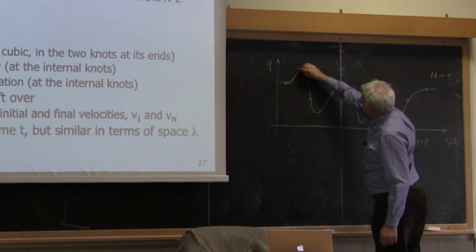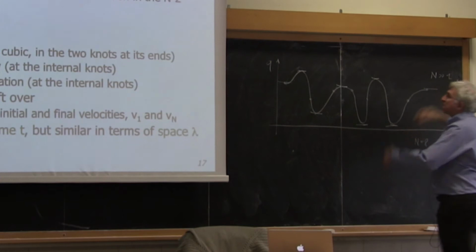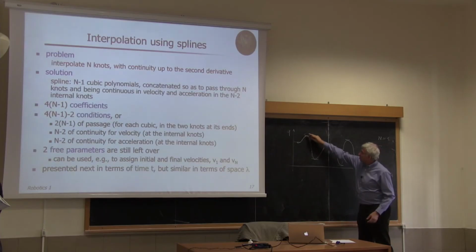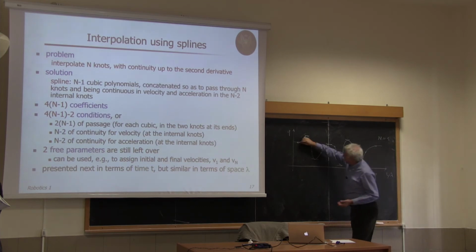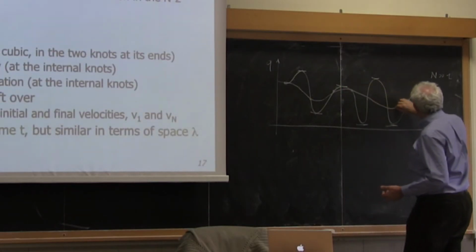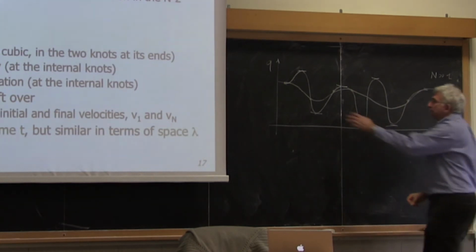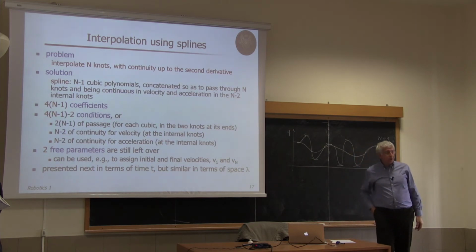So here I have a maximum, 2, 3, 4, 5, 6. There are 2 more probably outside. Which means that it's true that you're interpolating, but you're overshooting. A better interpolation would be something that does like this. You see the difference.